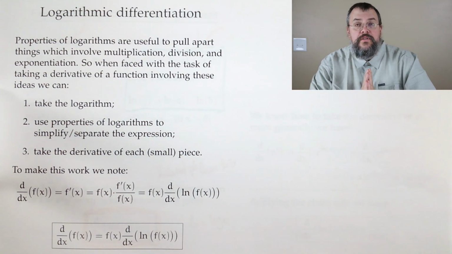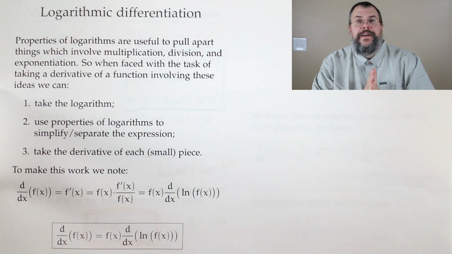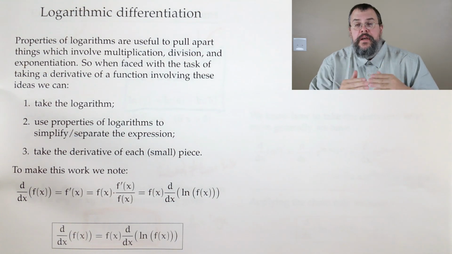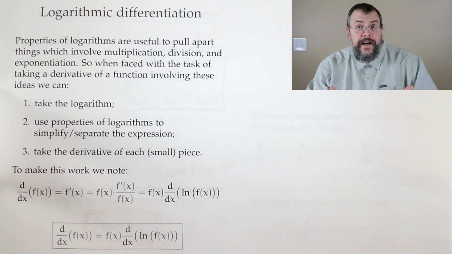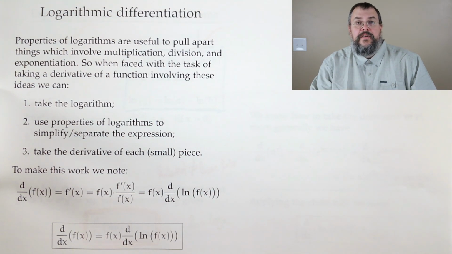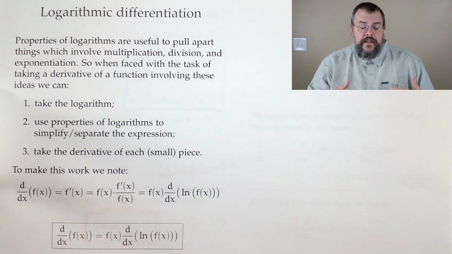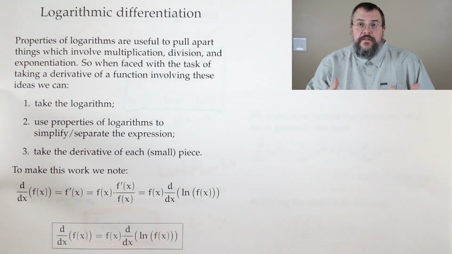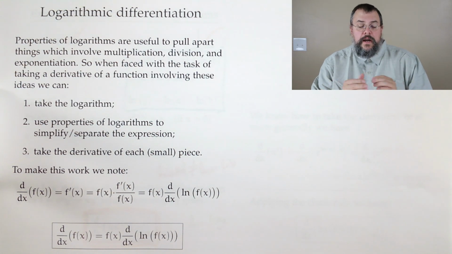So when we use the word logarithmic differentiation, it means I want to take the derivative of something complicated, but if I apply the log to my expression, it simplifies to something easier which I can take the derivative of. Therefore, what we'll do is take the logarithm, use the properties of logarithms to simplify, and then take the derivative. And then, of course, we have to keep track.